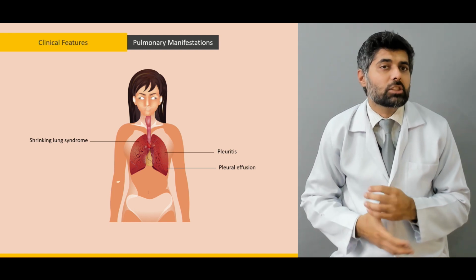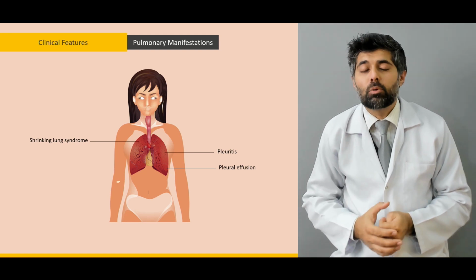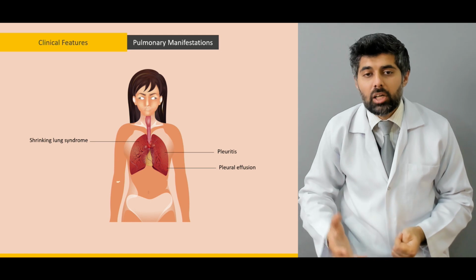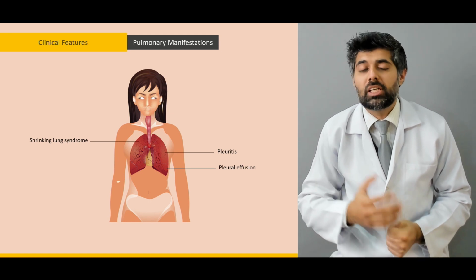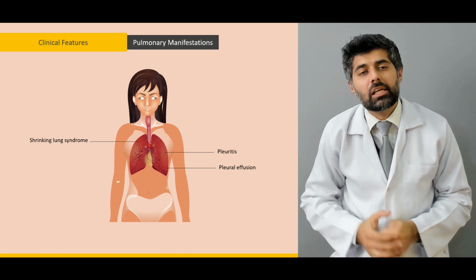Shrinking lung syndrome is usually due to widespread fibrosis inside the lungs, and in an advanced pulmonary manifestation of an SLE patient, shrinking lung syndrome is very characteristic.